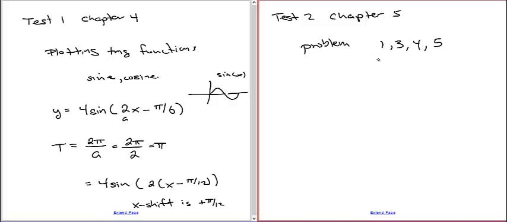But I'm going to put a heavy emphasis on these kinds of problems. And so you can go back and look at the review for this test. You can look at the solution for this test, and I don't really need to go into it. One thing that was consistently done wrong was problem number 5, where we had the sine of 3x.